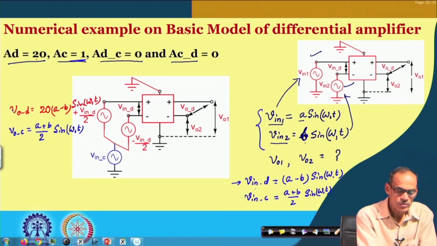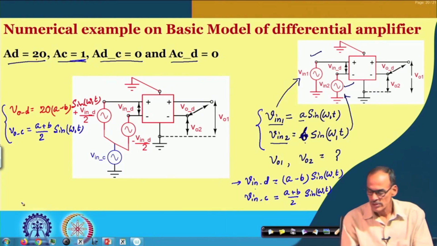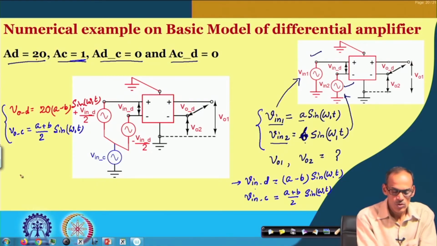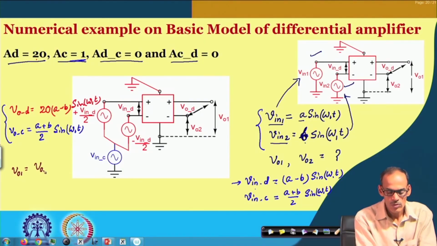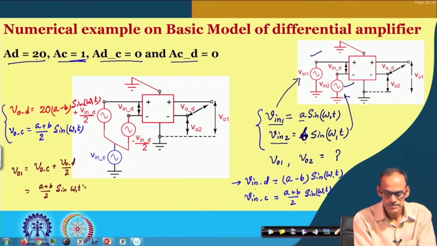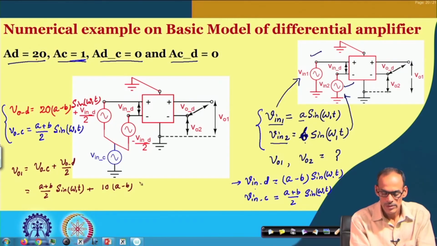Now, by combining these two, we can get the individual signals. Namely V O 1 equals V O C plus V O D by 2, which means A plus B by 2 into sin omega 1 t plus 10 A minus B sin omega 1 t.